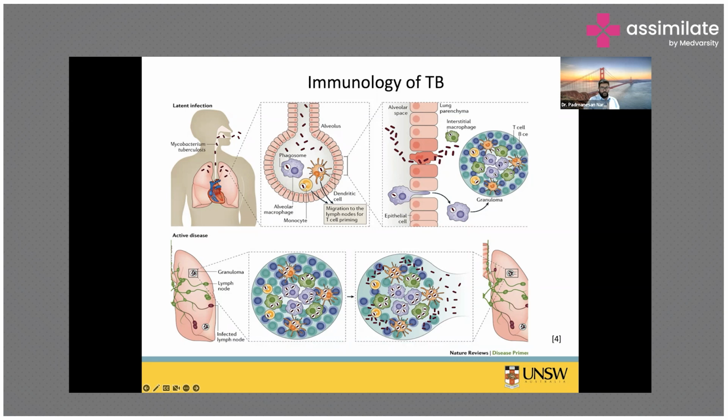They go into your lungs, and inside the lung, the body forms a shell. The enemy has come inside, and the T cells, B cells and all the macrophages surround the tuberculosis bacilli and form a granuloma, and then they go into a phase called latent TB infection.